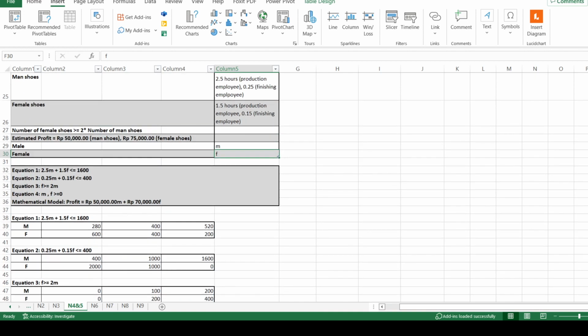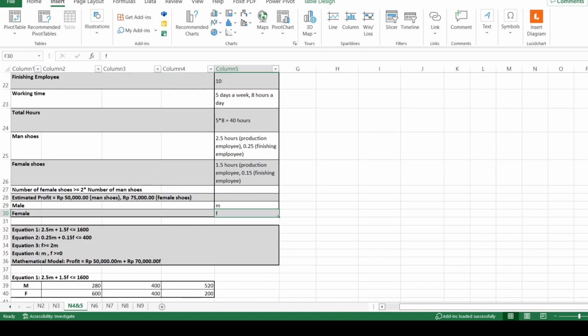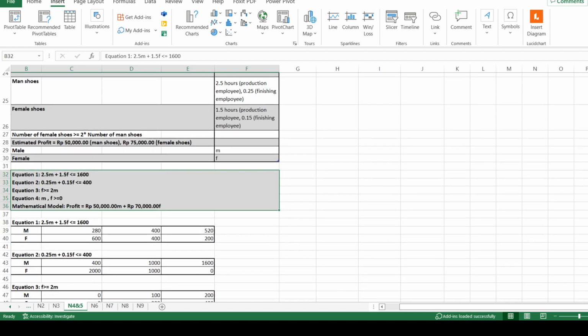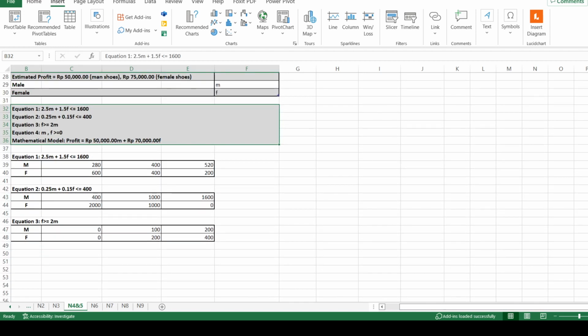So this is equation one: 2.5 male plus 1.5 female equals 1600, and this is equation 2. Basically I'm setting up the equations so that I can get the actual optimal solution using the Excel Solver.